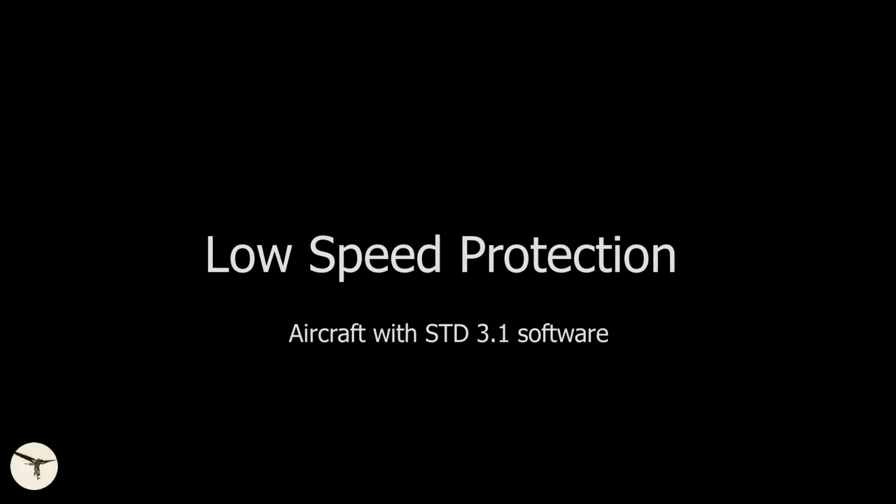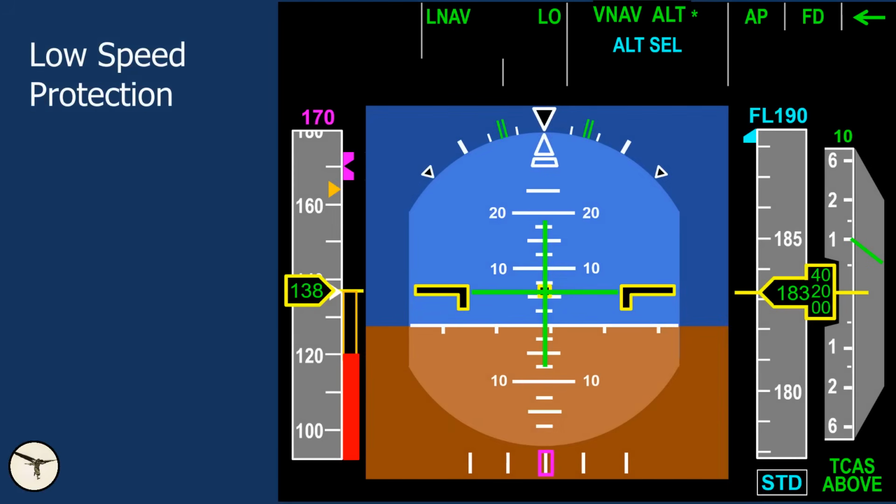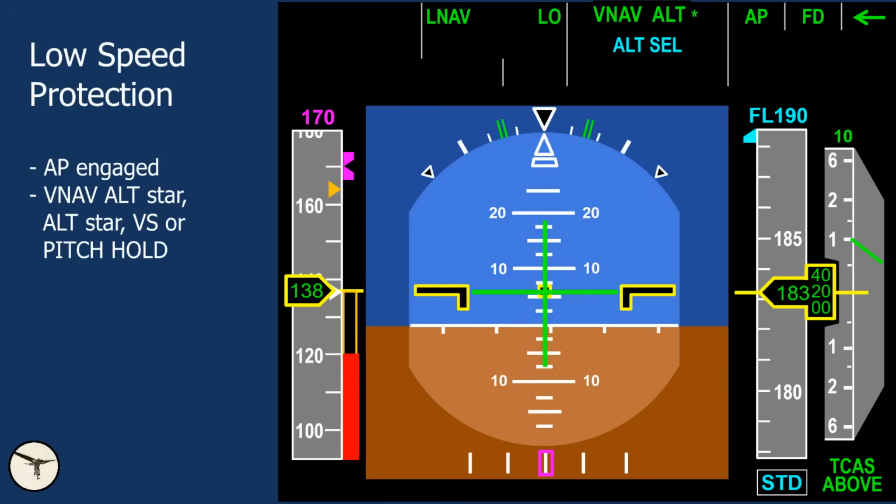The purpose of the low speed protection is to prevent the aircraft speed from decreasing significantly below minimum operating speed. When active, the autoflight system takes over pitch guidance and alerts the flight crew. Low speed protection is available when the autopilot is engaged, and VNAV, ALT*, VS or pitch hold modes are engaged in climb with flaps retracted or flaps 15.